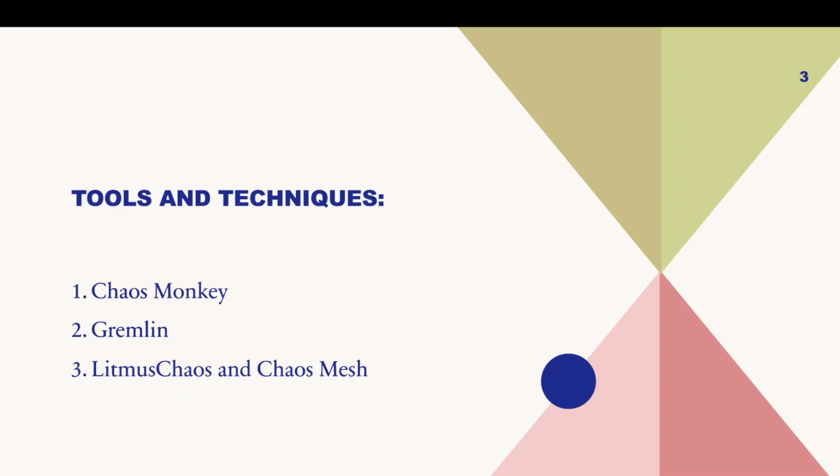That's what it tests. It helps us to identify weaknesses and improve any automatic recovery procedures. That's Chaos Monkey. That's the first tool.